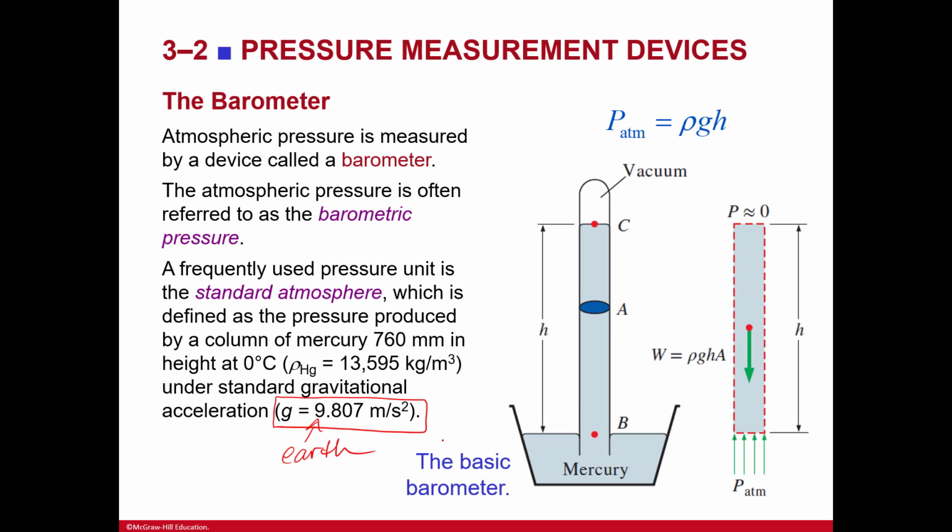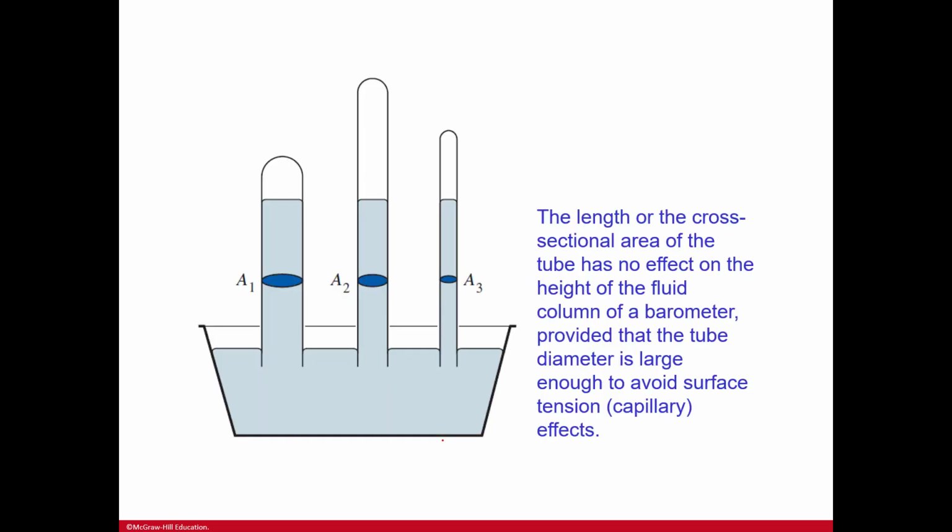And this is just showing you the basic barometer. P atmosphere equals rho g h, and this g is the gravitational constant, 9.807 meters per second squared. The length of the cross-sectional area of a tube has no effect on the height of the fluid column of the barometer, provided that the tube diameter is large enough to avoid surface tension capillary effects.